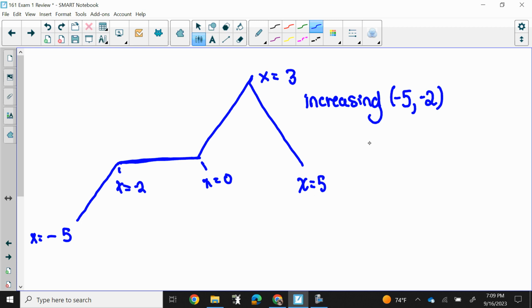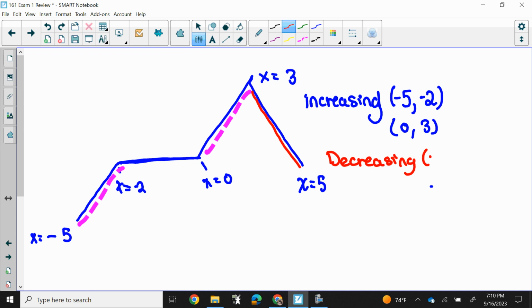And it's also increasing from 0 to 3. So as you can see, it's going up here and here. All right. And then it is going down here, right? So it's decreasing on the interval where x is equal to 3 and 5.